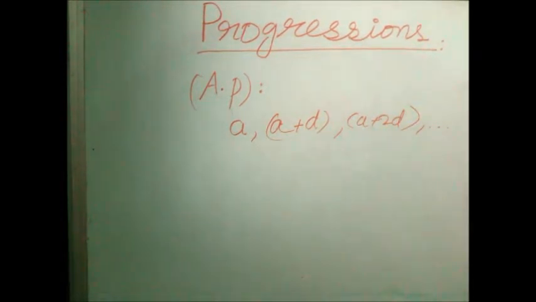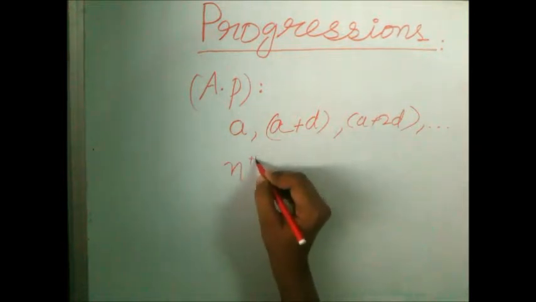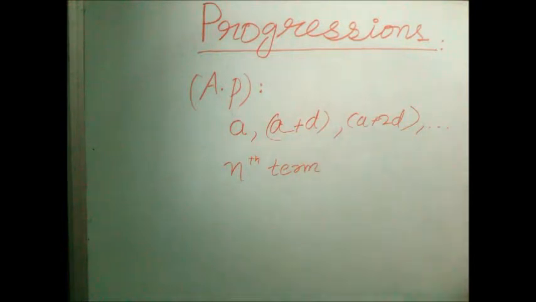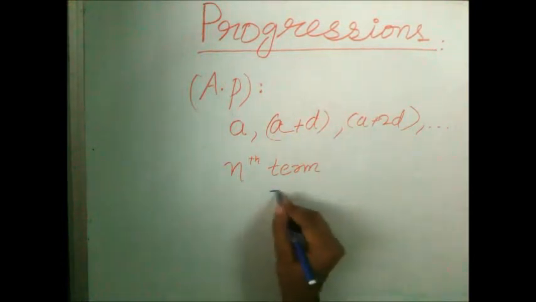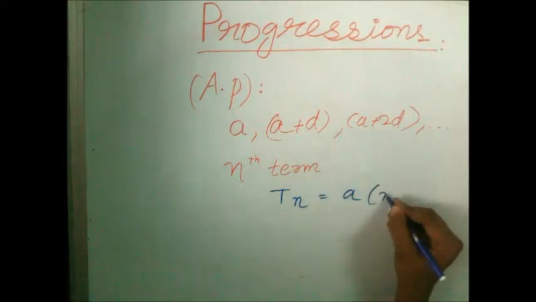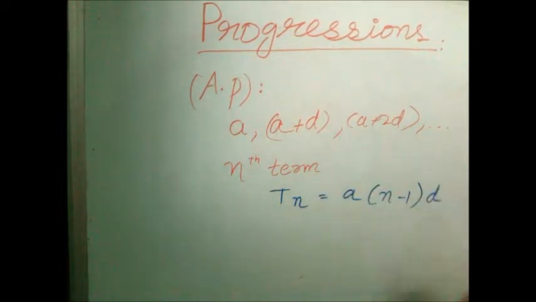difference here. The nth term is Tn equals a plus n minus 1 times d. There will be n terms, right?